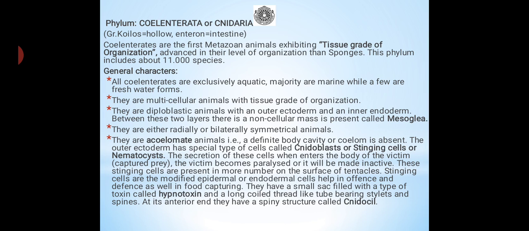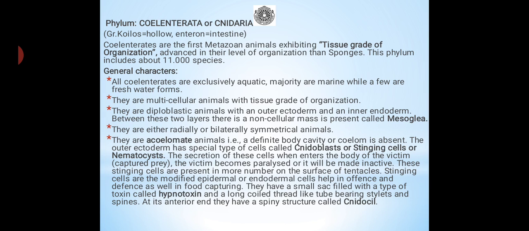Coming to some general characters or salient features of phylum Coelenterata. First one, all coelenterates are exclusively aquatic, majority are marine, while a few are freshwater forms. Second one, they are multicellular animals with tissue grade of organization.